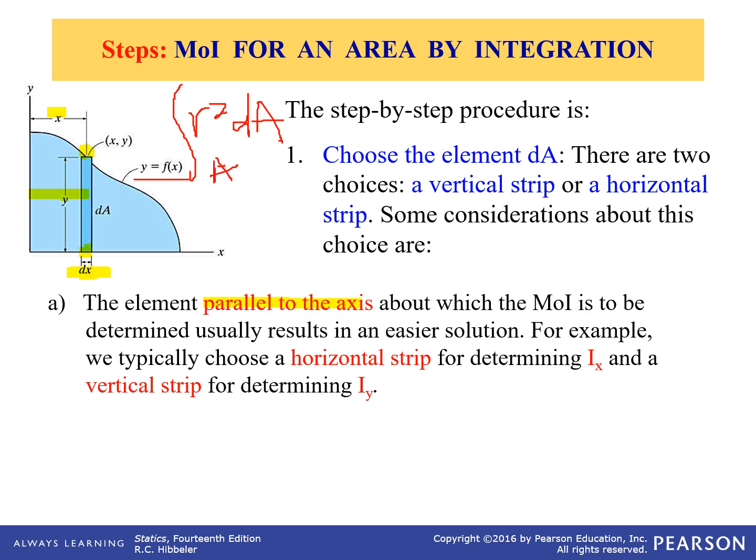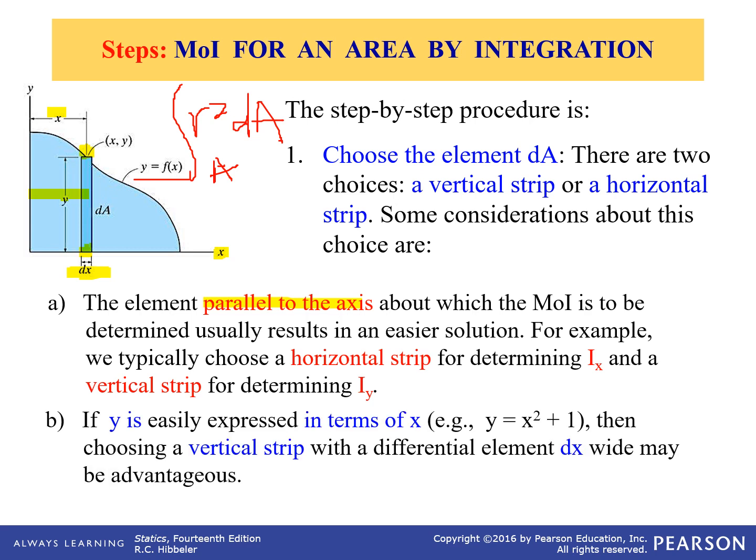So now everything can be written in terms of x, because you have a dx term, you're going to integrate over the x-axis. Now, if you're going to calculate the moment about the x-axis, then probably it will be easier to choose a horizontal strip. Again, that strip should be parallel to the axis.